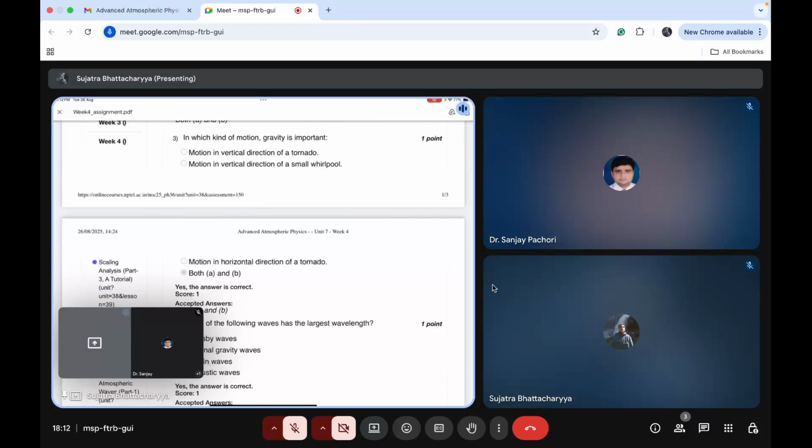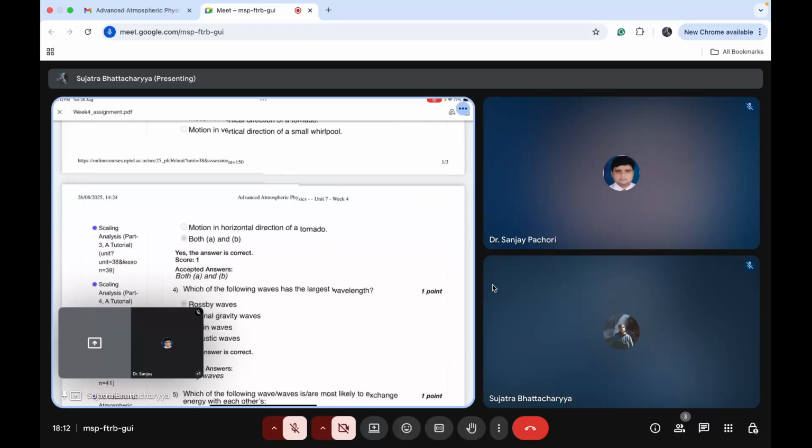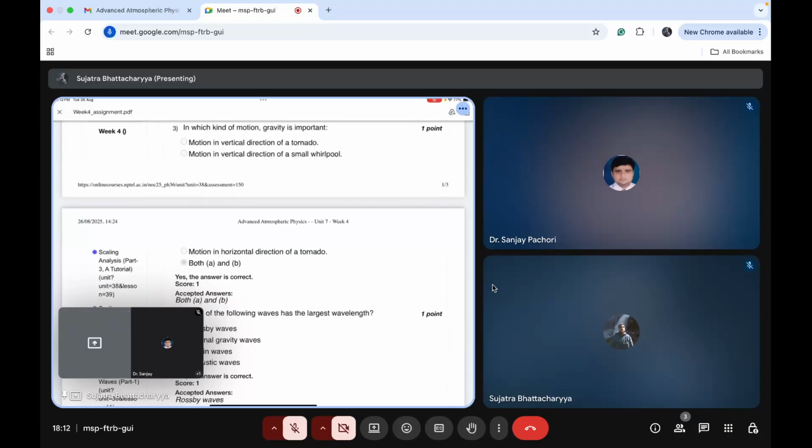The forces acting along the x axis have nothing to do with the forces acting along the y axis, because they are orthogonal to each other. So the component of forces in the j cap direction has nothing to do with the i hat direction most of the time. So both A and B are the correct options, because they involve the vertical direction.